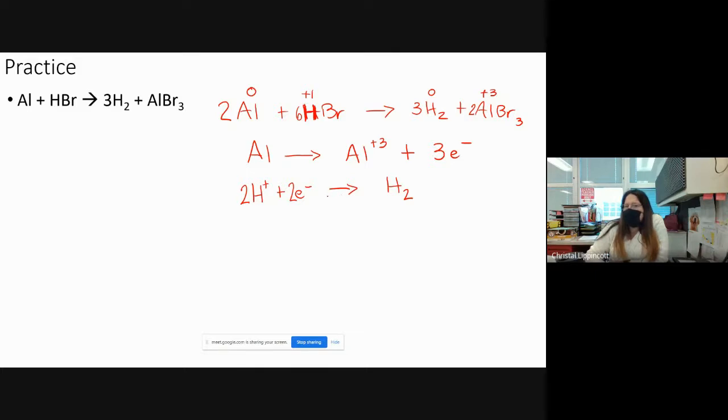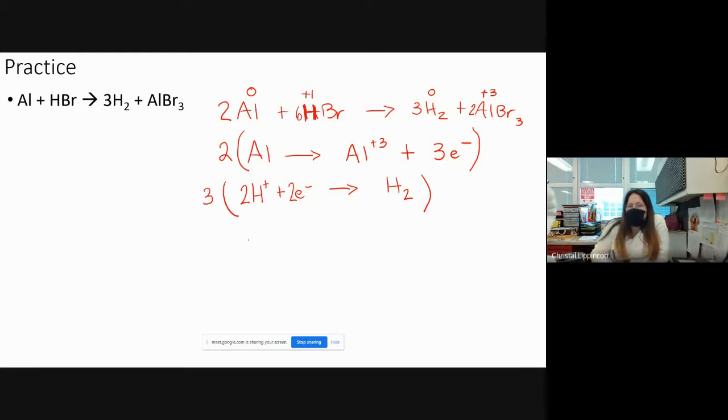Now we have to get these electrons to balance. The way we do that is we're going to multiply this by what? What's the common multiple between these? So we're going to multiply this by 2, and we're going to multiply all of this by 3.